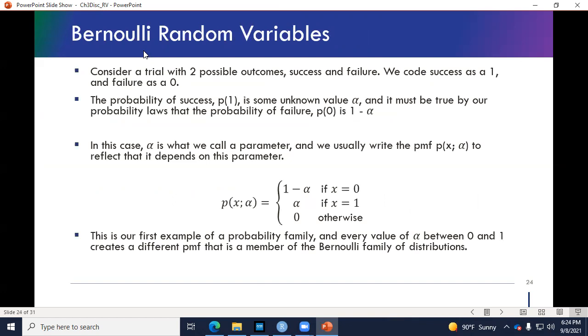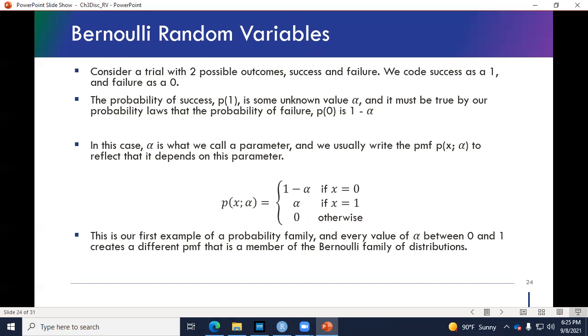The first one we're going to talk about is the easiest, which is called the Bernoulli distribution. And random variables that follow a Bernoulli distribution, we call Bernoulli random variables. So this is what it means for a trial with two possible outcomes, either success or failure. We code a success as 1 and failure as 0.